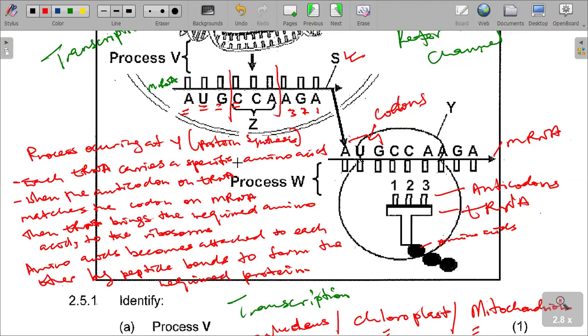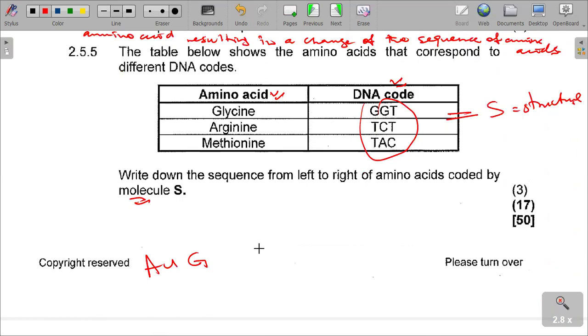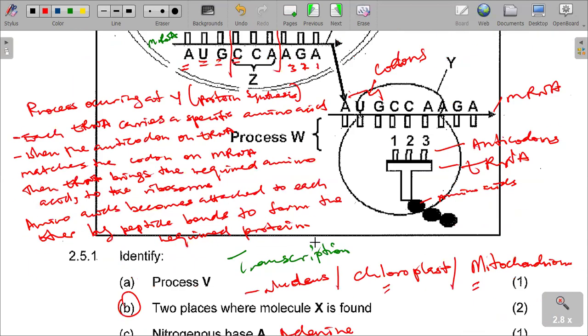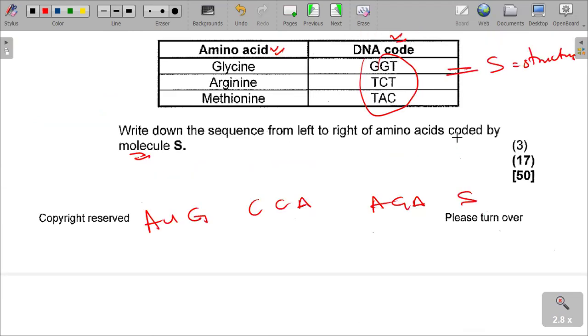The next one is CCA, and then lastly we have AGA as our S there. So we are taking this. This is our mRNA here. And don't forget that when it is being formed, it codes to DNA. So you are just giving the meaning of this.